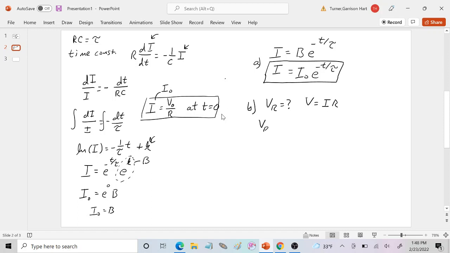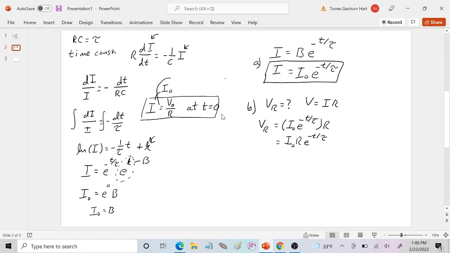So VR is going to just be I naught e to the negative t over tau times R, or I naught R e to the negative t over tau.